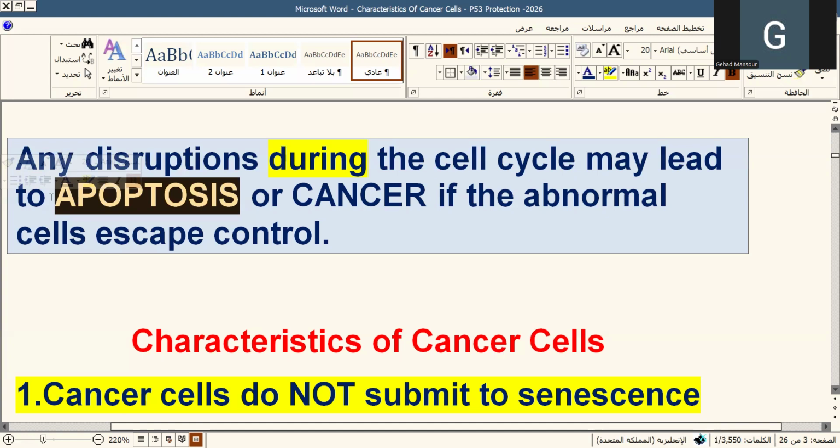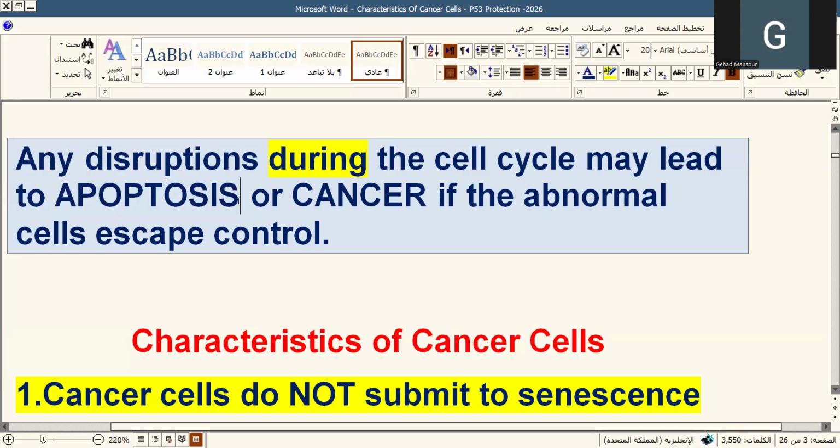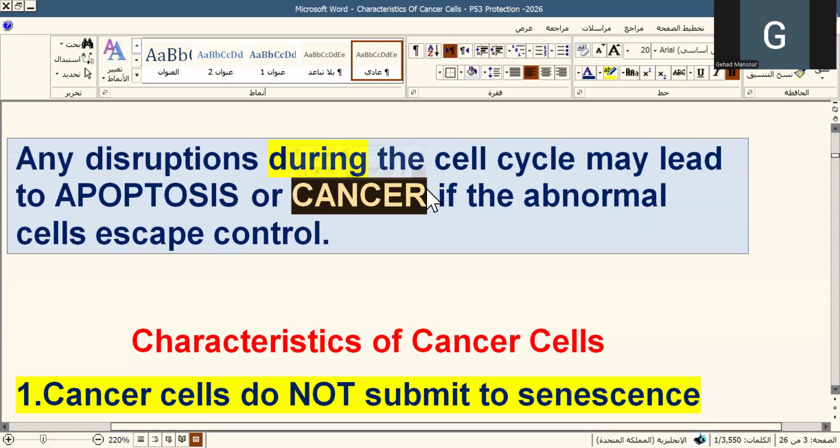But sometimes we have a disrupted cell with damaged DNA or any other kind of abnormality that skips the checkpoints and does not undergo apoptosis, although it is an abnormal cell with damaged or disrupted DNA. In such a case, this cell is an abnormal cell, most probably a mutated cell.